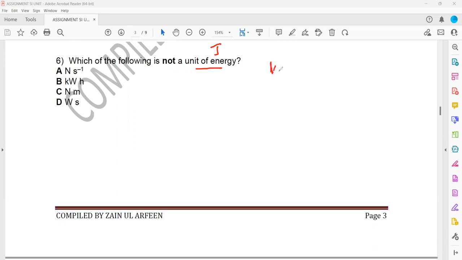Like work done is there first. Whenever work is done, that energy is stored or transferred. So work done is force into distance. Then another way, because power is energy divided by time, so energy is power multiplied by time.